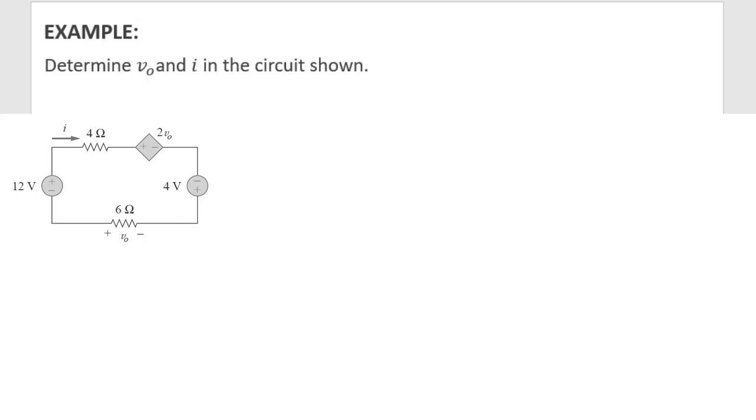For the 6 ohm resistor, there is a fall in potential. Wherever the negative sign of the voltage drop is, there points the arrowhead of your current. Therefore, our current direction for the 6 ohm resistor is to the right.